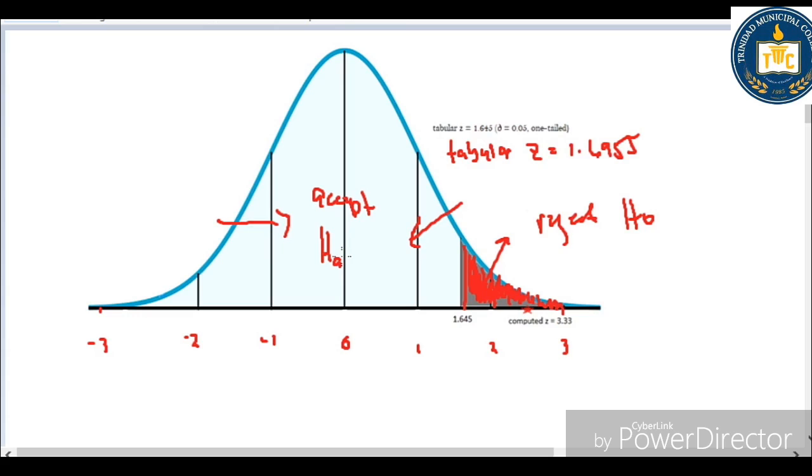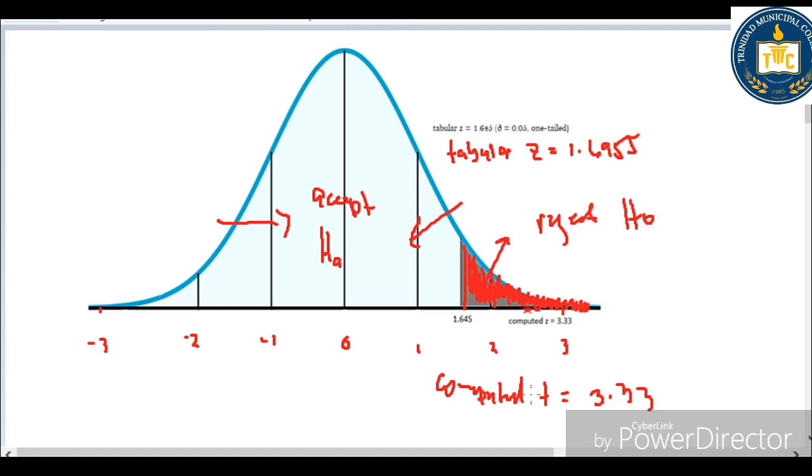Okay, so since our computed t is equal to 3.3, 3.3 is located over here, in this part. So it means it falls in the shaded portion, which means we reject the null hypothesis.